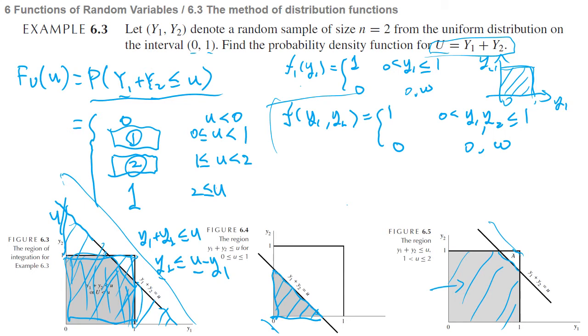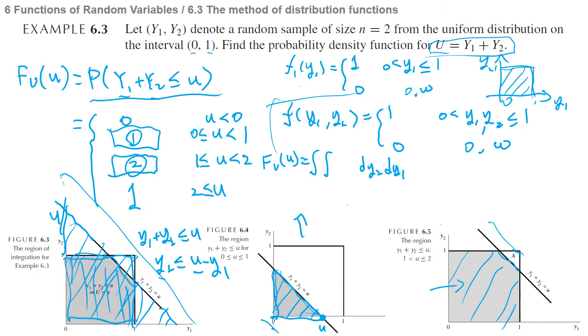To calculate box 1, we calculate the probability over this triangular region. For this case, F_U(u) is the integration of dy2 dy1.